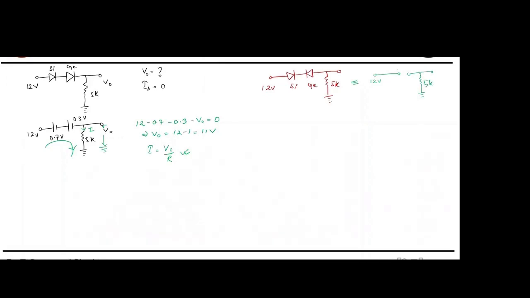Sir, 11 volts. Why? Is there any current flowing through the 5K resistor? No, sir. Not in this case. So the drop across the germanium will be how much? 12 volt.